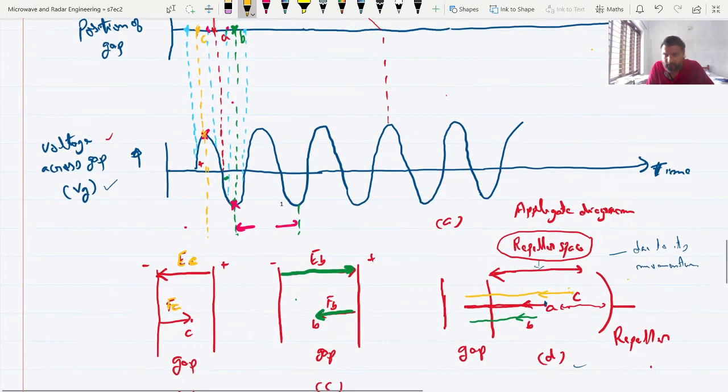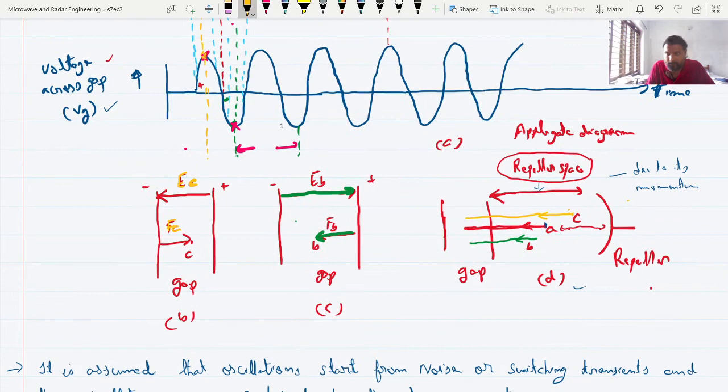Hence, we can discuss that once the distance is more, we also have to keep in mind the transit time. So what is that transit time? The distance traveled by electron C is more than that of electron A. You can see that in this graph.